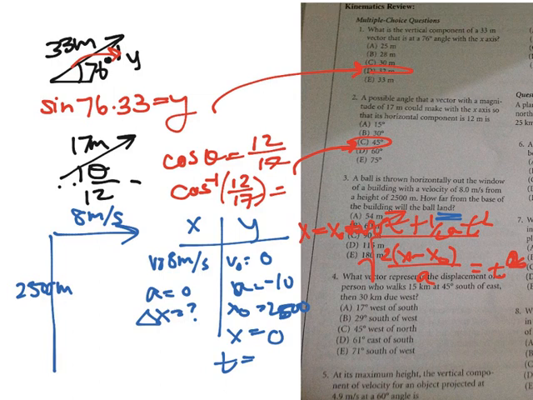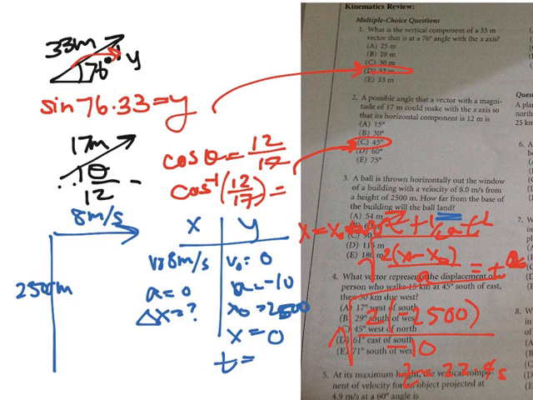We can plug in some numbers: 2 times negative 250 over -10, get the square root of it, should give you about t equals 22.4 seconds.